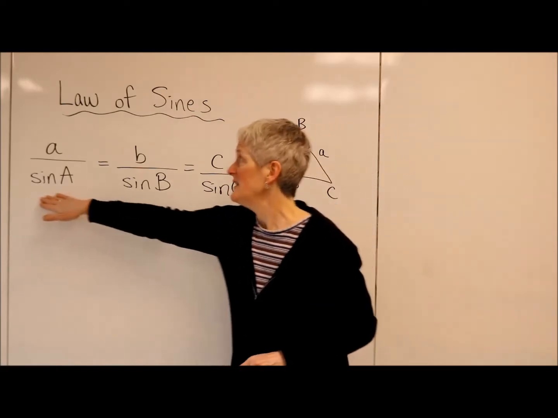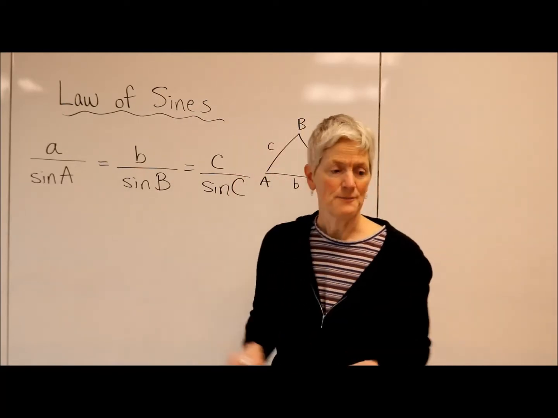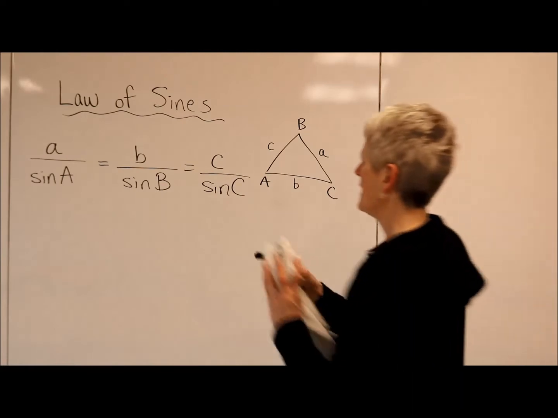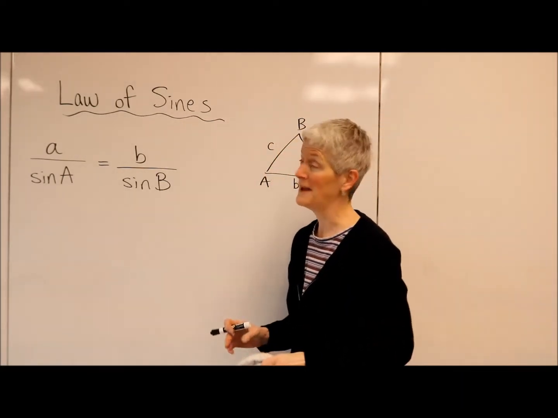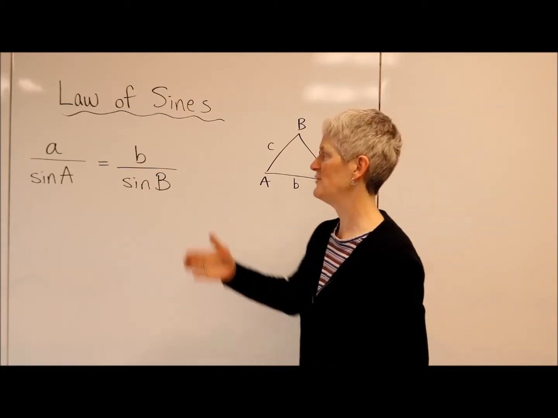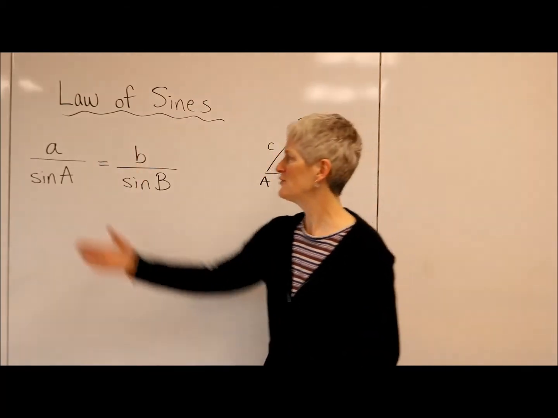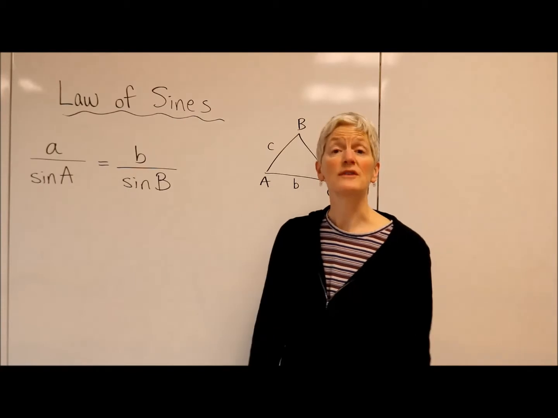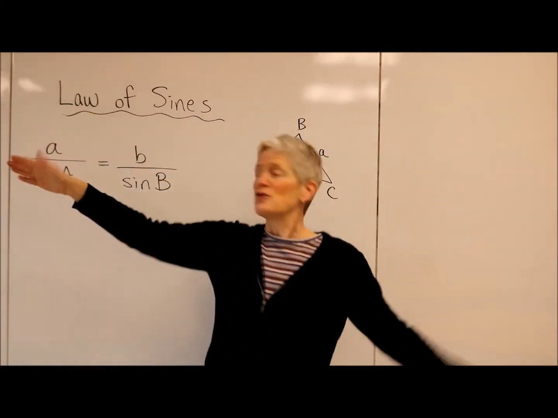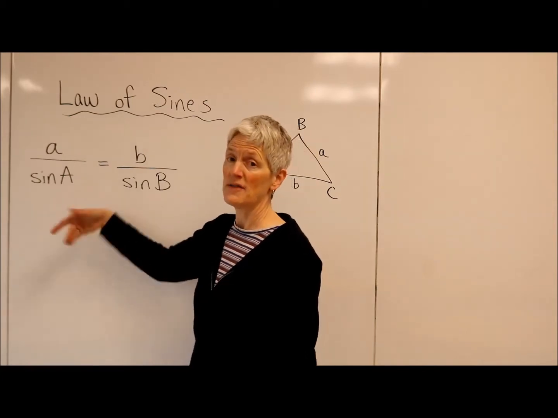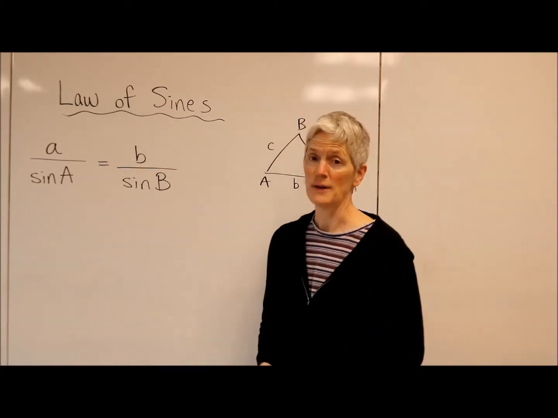Now, you often see the law of sines written like this. When I learned it in high school, many years ago, back in the dark ages, we just saw it like this, right? It was just a proportion, which is how we're always going to use it. A stands for any side of any triangle divided by the sine of the opposite angle, and so on.